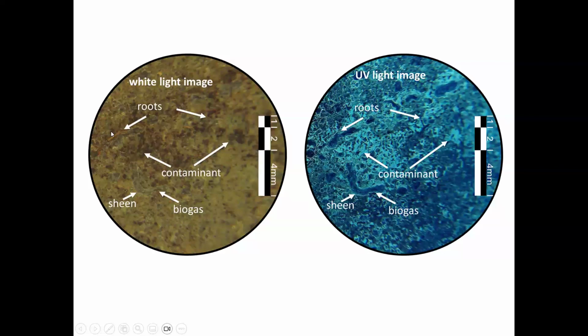Right here are the roots that I was mentioning. There's more of the root structure right here. And some of the other features that I already talked about. This is a large bubble here, probably caused by the biodegradation of the contaminant. This is biogas. What we have found is that these have a high content of methane.